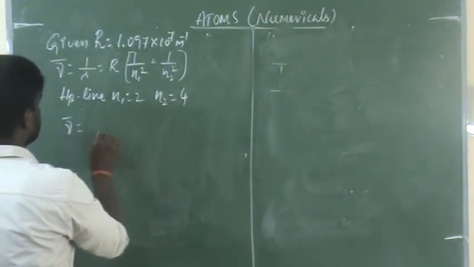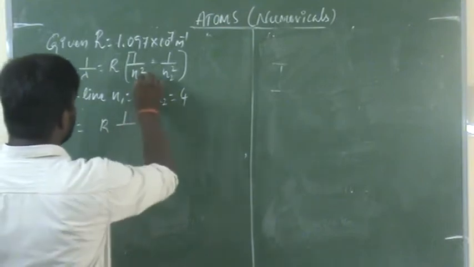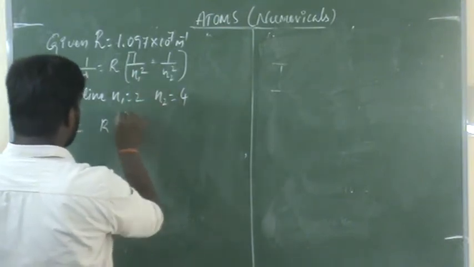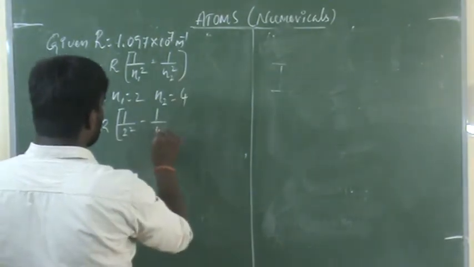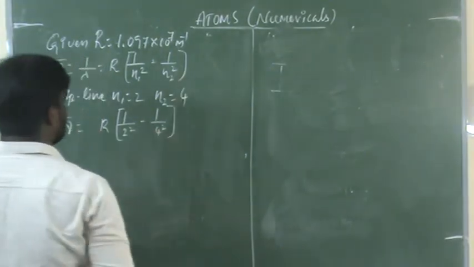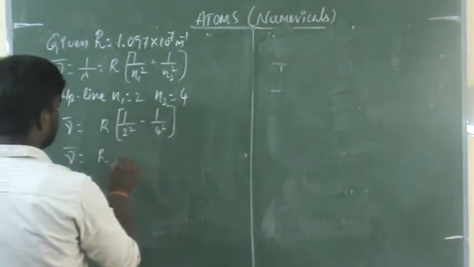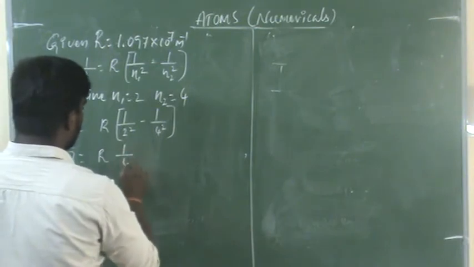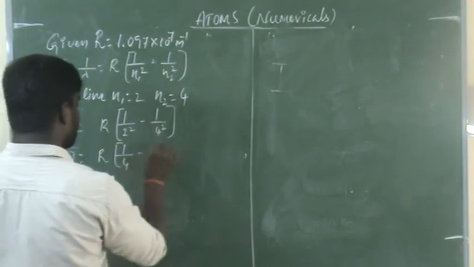Nu bar equals R into 1 by n1 square, which means 2 square, minus 1 by n2 square, which means 4 square. Clear? So nu bar equals R into 1 by 4 minus 1 by 16.